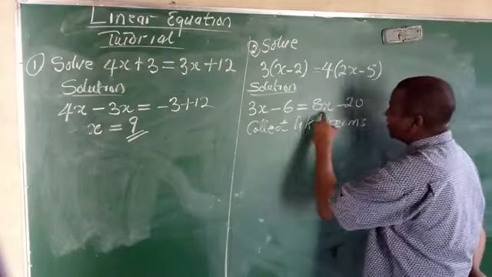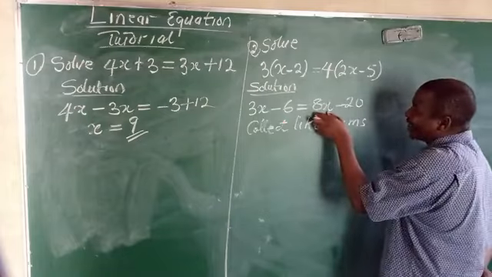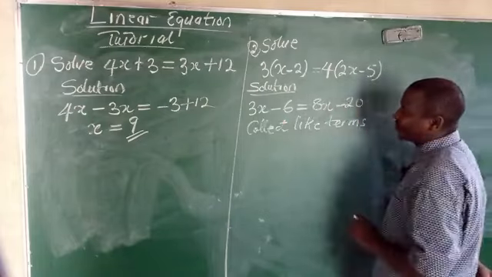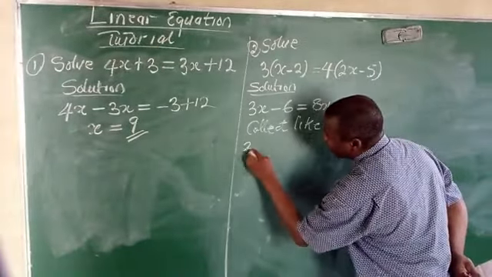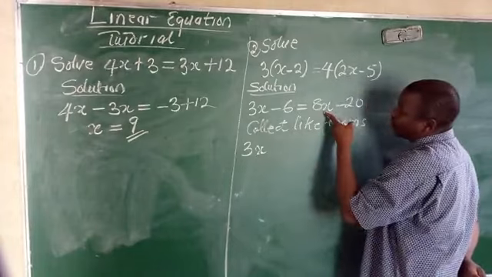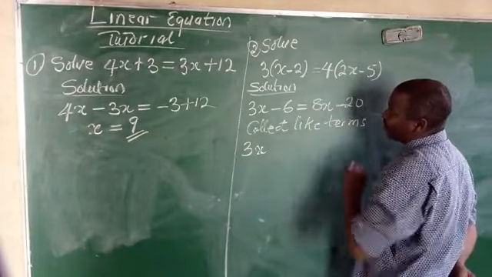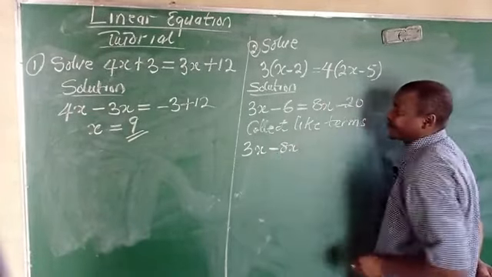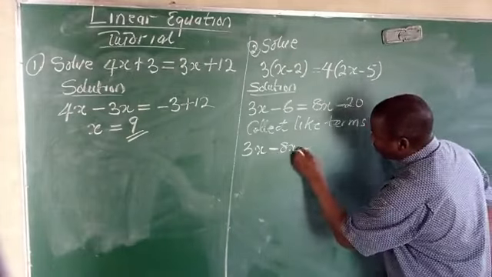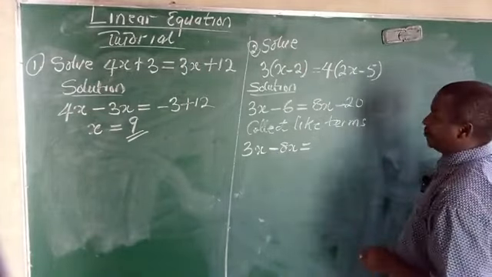This 3x and this 8x look alike. Then we take this 8x, cross the equal sign to meet its partner, 3x. Therefore, we have 3x. When this positive 8x crosses the equal sign, it turns to minus. Then we say minus 8x. We put our equality sign.